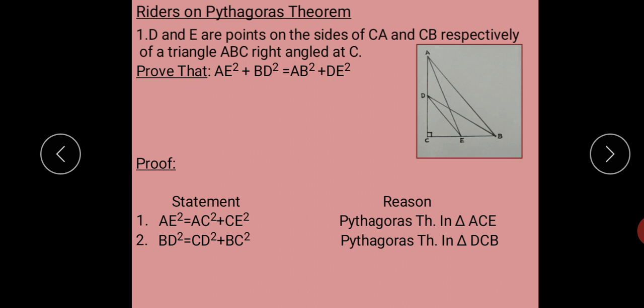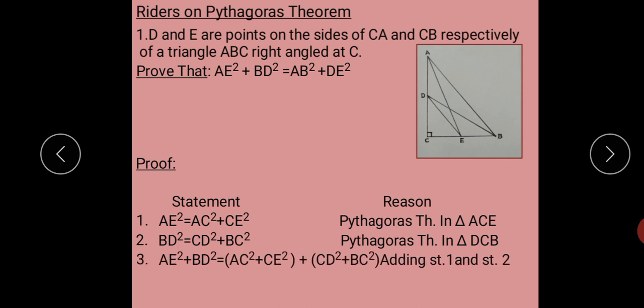So, if we add statement 1 and statement 2, we will get AE square plus BD square. Let's add the two statements. AE square plus BD square is equal to AC square plus CE square plus CD square plus BC square.